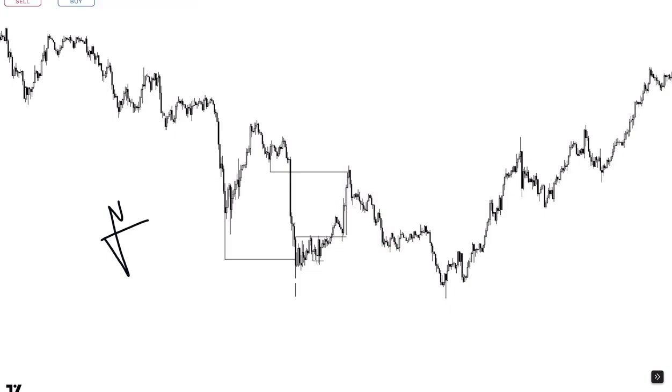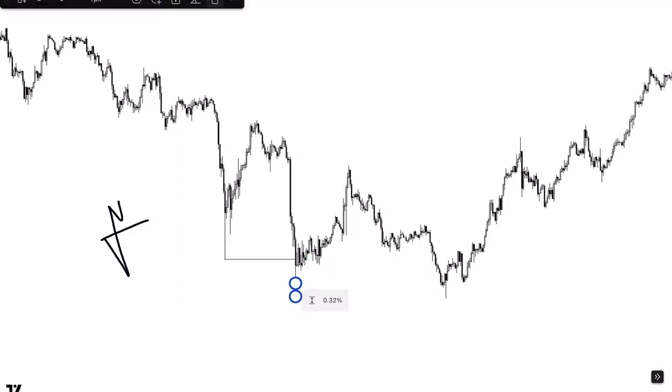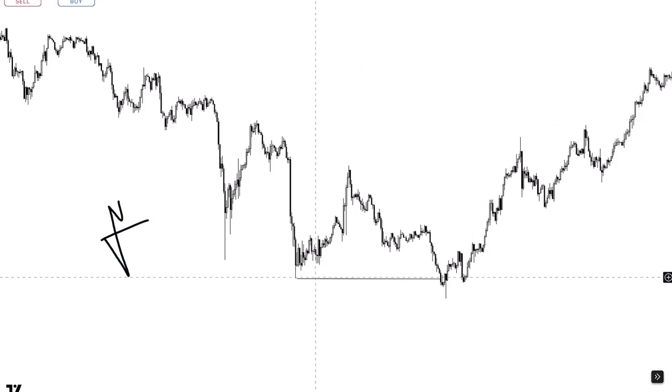Right, here's another example of a model number one. Right over here, you have a low, and then you have this low also, which stabbed into the previous low. I chose this example on purpose because it's an atypical model number one, right?